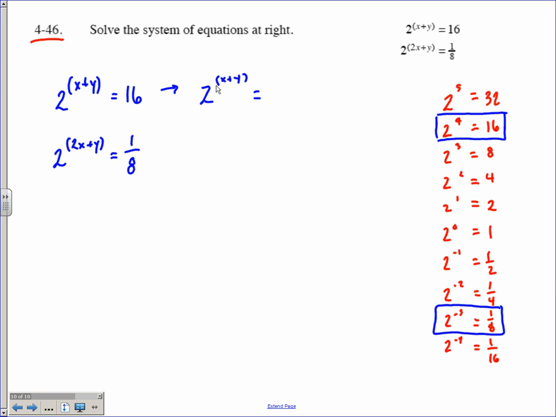So 2 to the power of x plus y should equal 2 to the fourth power. Same thing on the second one. We have 2 to the power of 2x plus y, and we say that's the same thing as 1/8. We know 1/8 is the same thing as 2 to the negative third power, so let's substitute 2 to the negative third in.